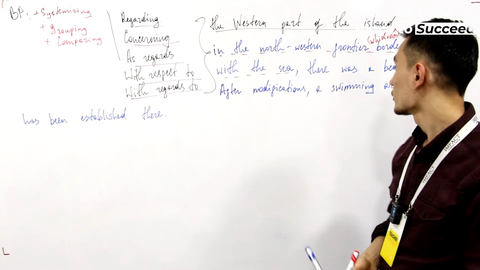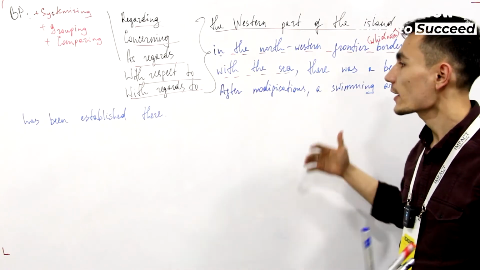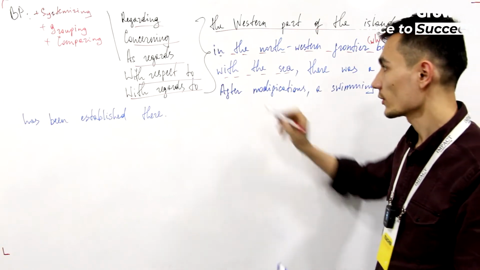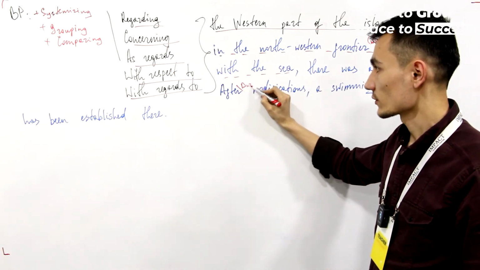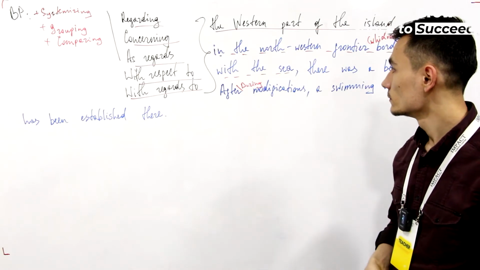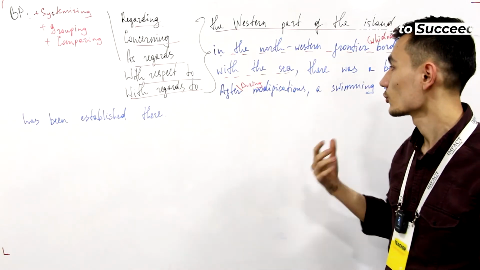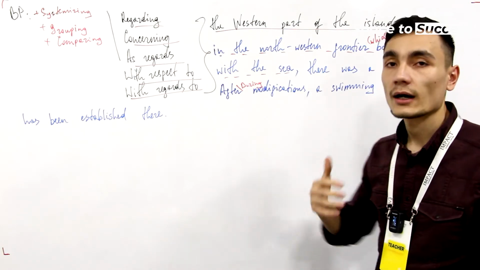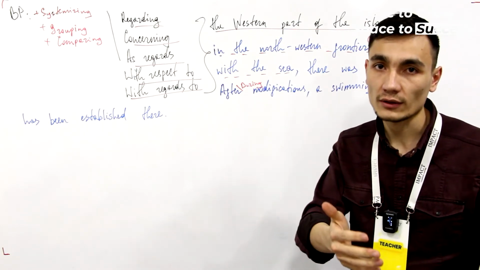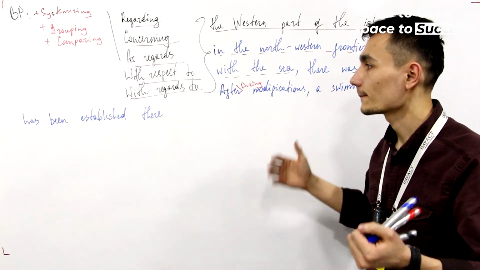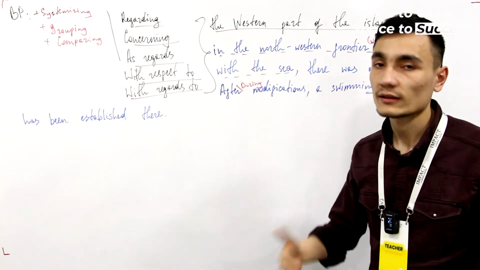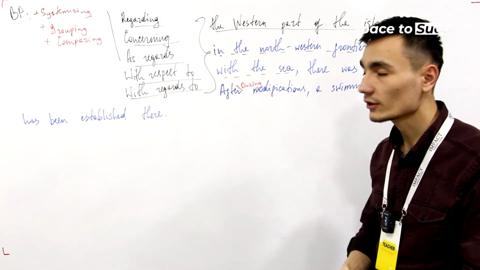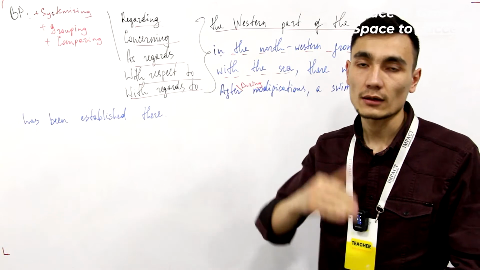We can say after modifications, or if you want, during modifications, a swimming area has been established there. As you see, I didn't use the words that they said, like swimming permitted. I just said a swimming area has been established there. So after this, we move on to the next part.